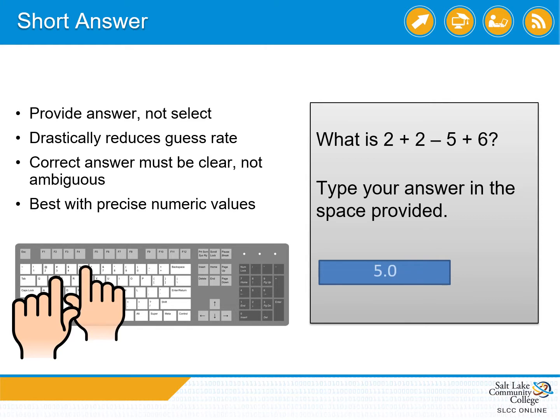Provide additional instructions about the format if possible, such as truncate the response to 2 decimal places. If you are using the quiz feature in Canvas, allow for alternate spellings and acceptable variations, if possible. After the test, graders may need to manually review incorrect responses to short answer items and revise scores as needed.